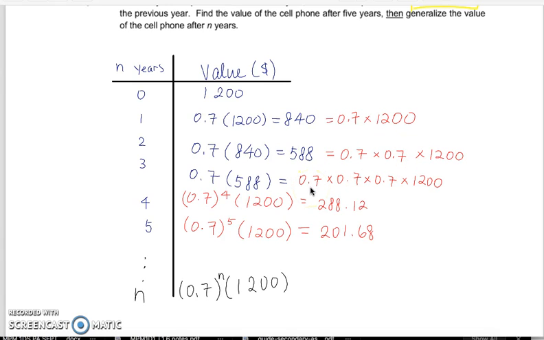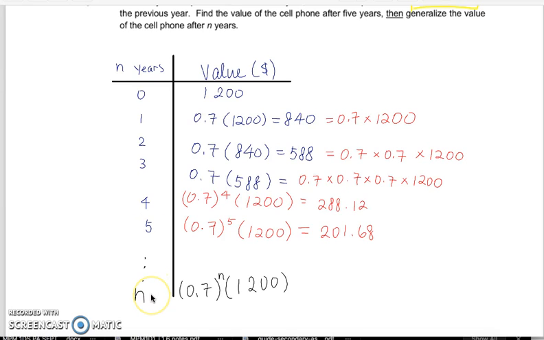So what is happening is that the 1,200 is always there, and as the number of years go by, you just increase the number of times you multiply 0.7, making that a power of 0.7 that you're really multiplying by. As a result, the exponent here matches the year number.